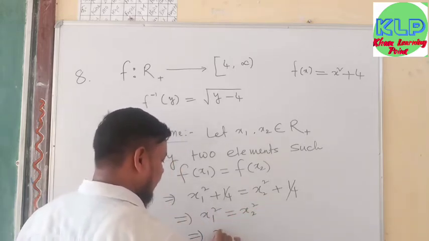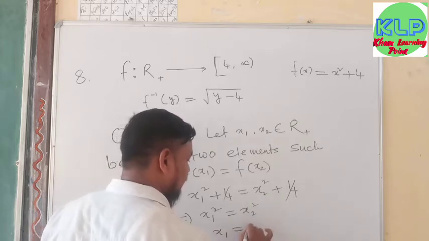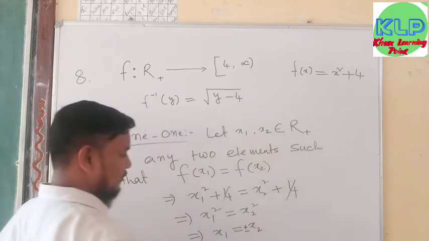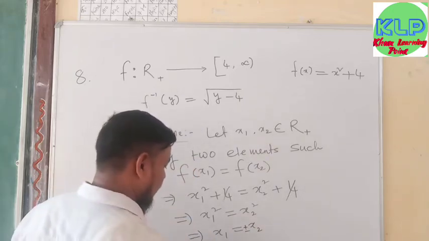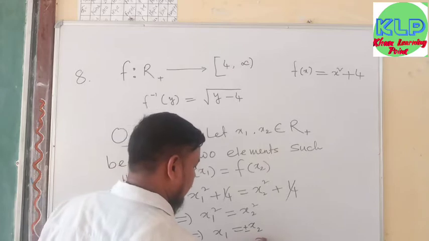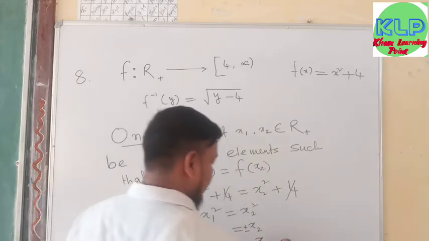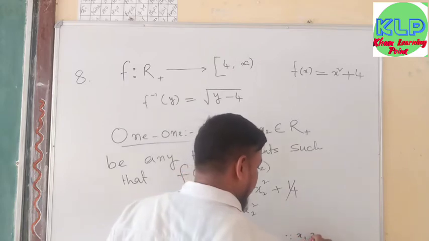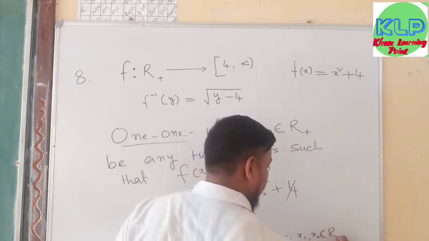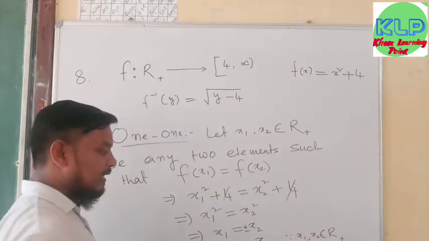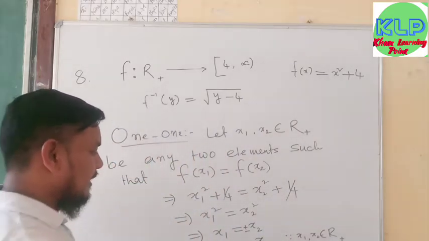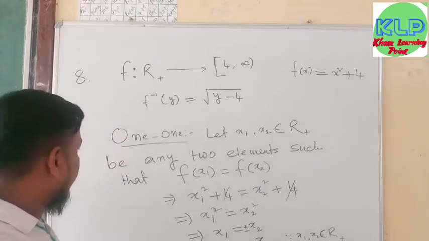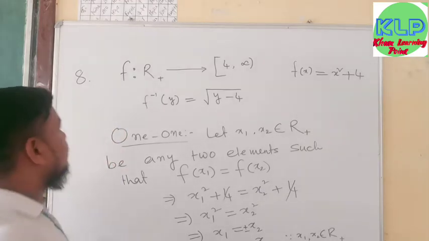So x1 is equal to plus minus x2, or x1 is equal to x2, since x1 x2 belongs to R positive, क्योंकि x1 x2 क्या है? पॉजिटिव रियल नंबर है, इसीलिए हम लोग पॉजिटिव वैल्यू ले लिया है. ओके, देयरफॉर f is 1 1.